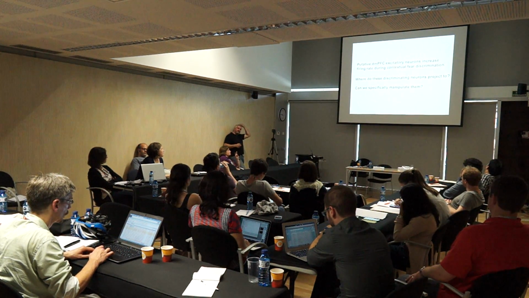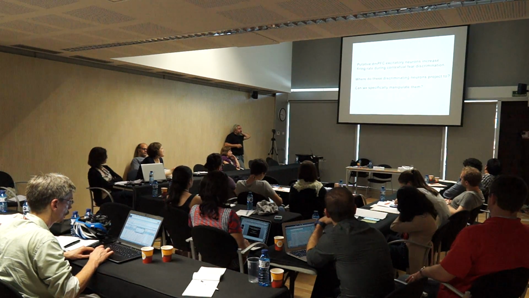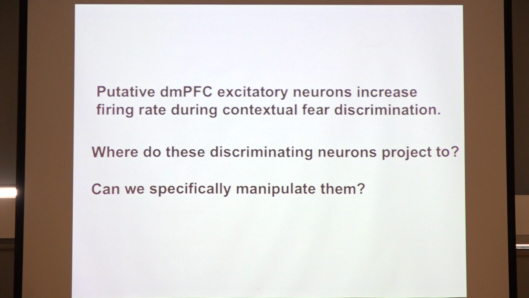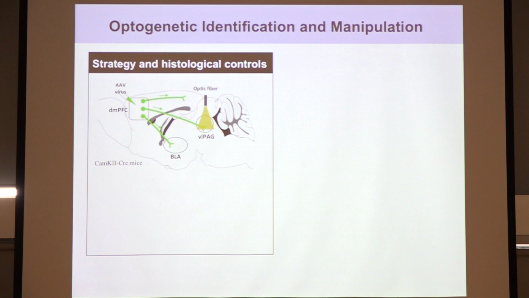Okay, so this was the basic observation, and the next question we were interested in is where do these discriminating neurons project to, and can we specifically manipulate them? So again we use optogenetic manipulation and identification.